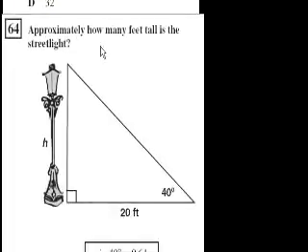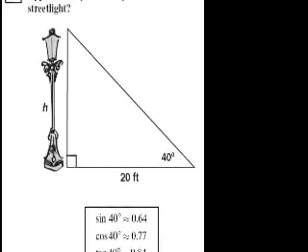Approximately how many feet tall is the street light? We can use some trigonometry here. They give us all of the trig ratios for that angle, and we're trying to figure out the height. So if I write SOHCAHTOA, what do we have?